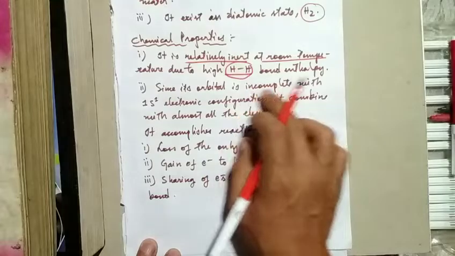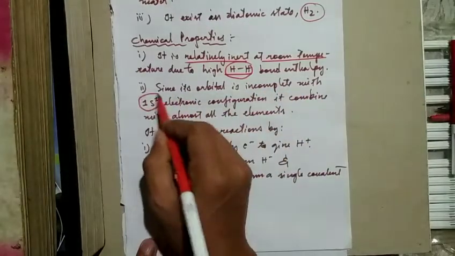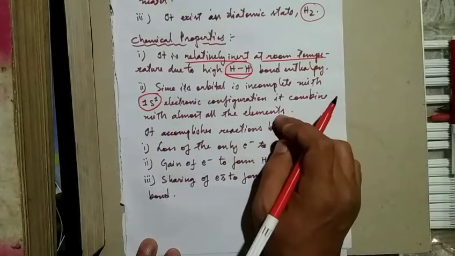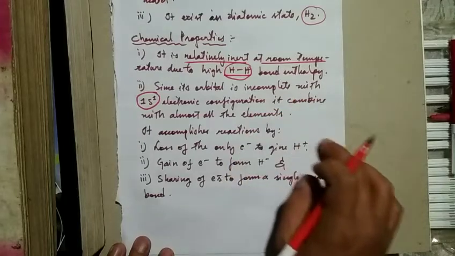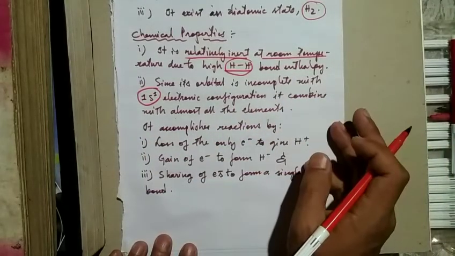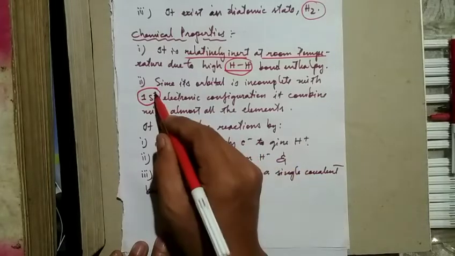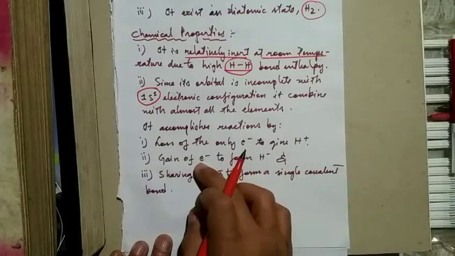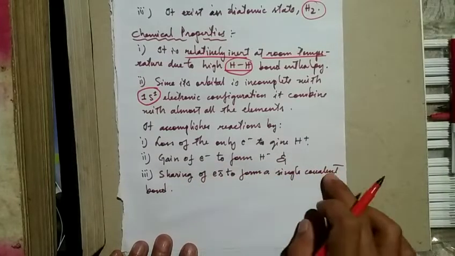Since its orbital is incomplete, with 1s1 electronic configuration, it combines with almost all the elements. It accomplishes reactions by loss of an electron to give H+, or gain of one electron to become H-, or it can share electrons to form a single covalent bond.